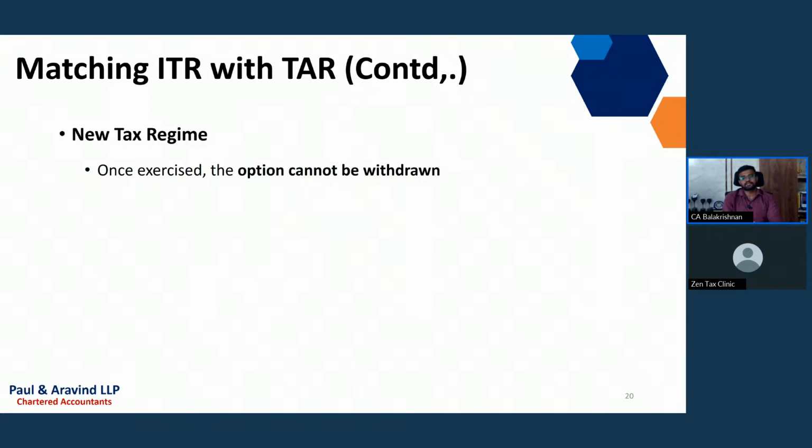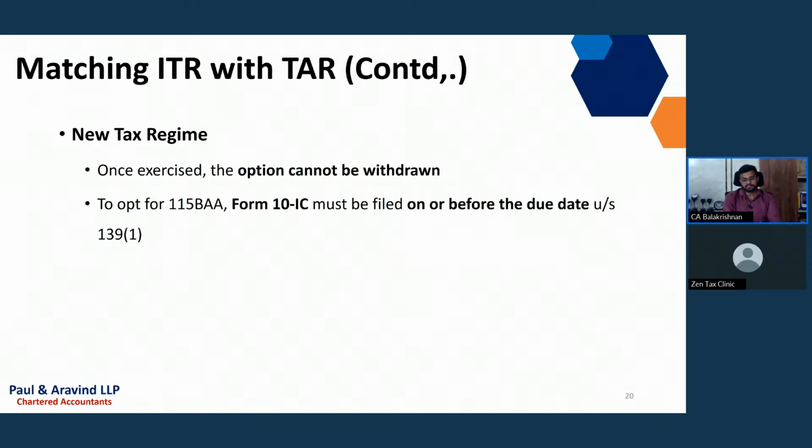Otherwise, the regular provisions of the Income Tax Act apply. Once 115BAA is opted, the option cannot be withdrawn for any assessment year. So while opting for 115BAA, please be careful that the assessee is going to expand their business in future. Otherwise, this section is comparatively not beneficial to the assessee.